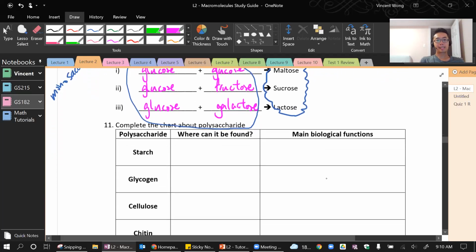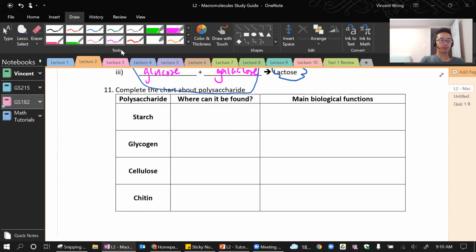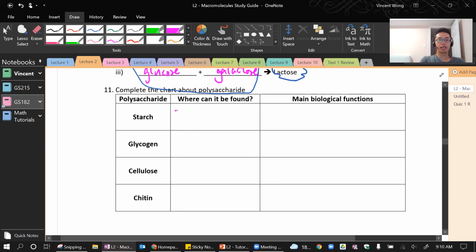Moving on. Here are some polysaccharides: starch, glycogen, cellulose, and chitin. Where do you find starch? Starch is found in plants, for example in the roots.